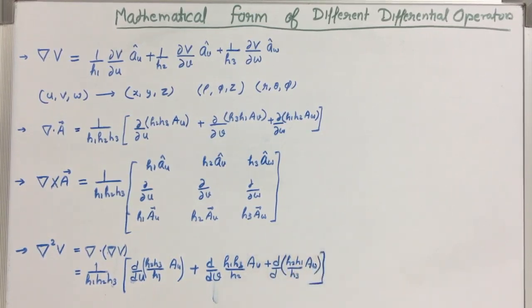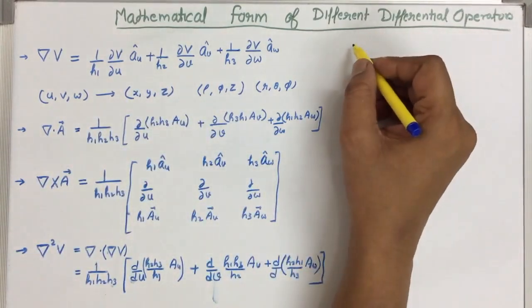This is Laplacian. Now let us see what is h1, h2 and h3. This is generalized form. So in different coordinate systems we will see what is h1, h2 and h3.